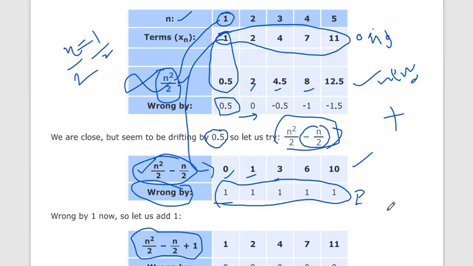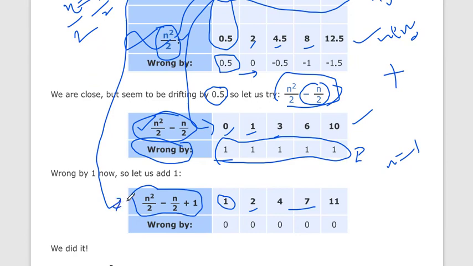Put n equal to 1: 1 by 2 minus 1 by 2 is 0, plus 1 means 1. Put n equal to 2: 2 square by 2 means 2, minus 2 by 2 is 1, so 2 minus 1 is 1, plus 1 is 2. So you can see that our original terms and our newly made rule of this sequence are the same. So this is our rule of this sequence.